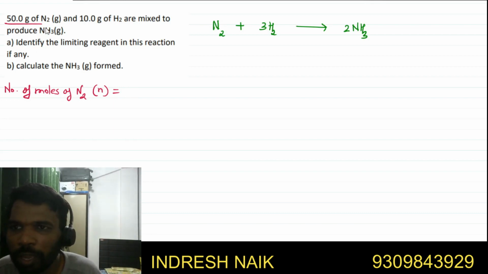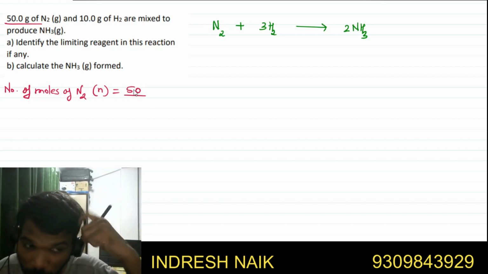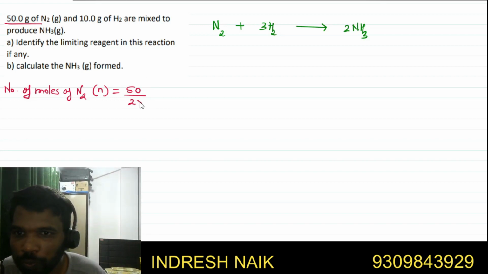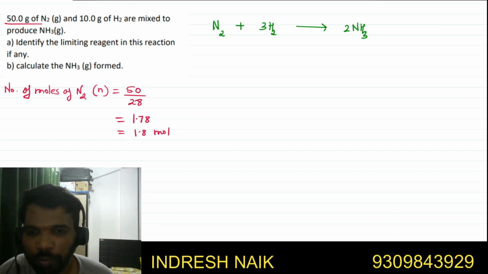What is the weight given for the N2? It is 50 gram divided by the molar mass of N2, which is 28, isn't it? So 50 divided by 28. What you get is 1.78, or I can consider this to be 1.8 mole, right?